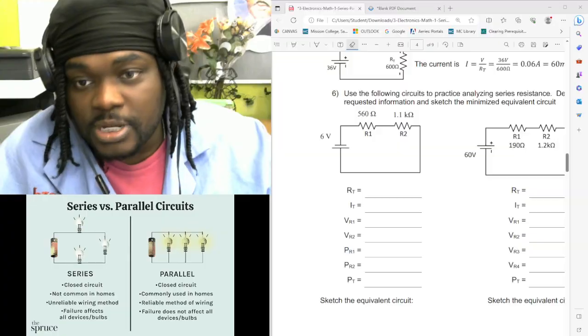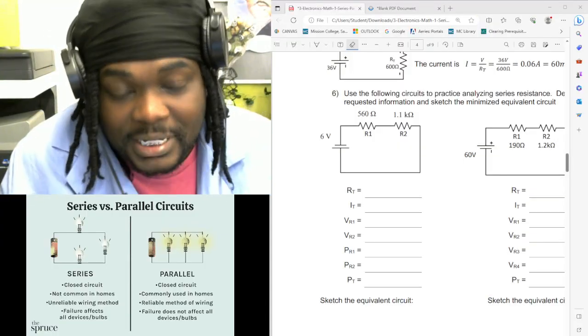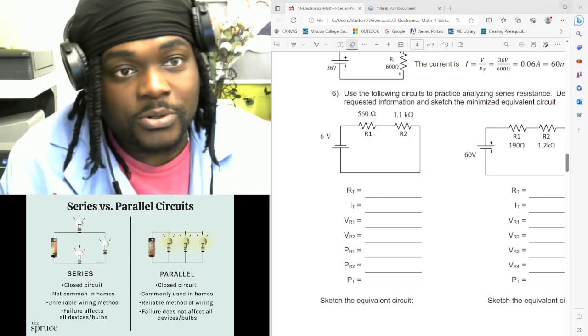So remember, it is key to understand that when you denote whichever of the four major categories you're using, you want to make sure you know what your subscript is saying. So we have our PT here, our power total.